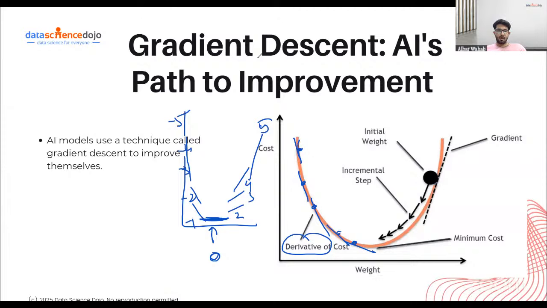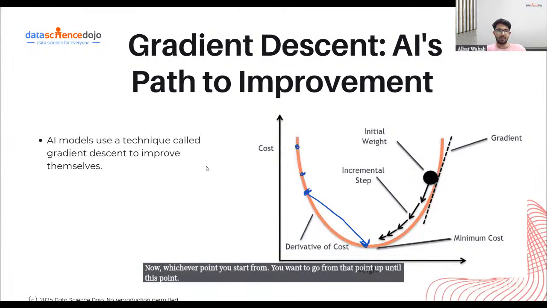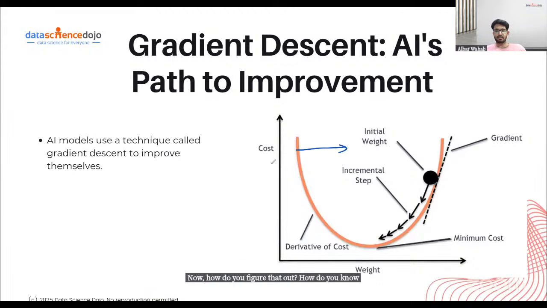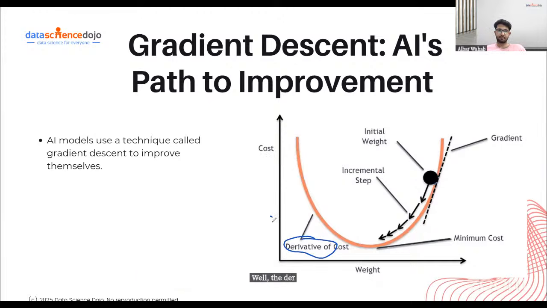Now, whichever point you start from, you want to go from that point up until this point. Now, how do you figure that out? How do you know, should I go towards this side or should I go towards this side? Well, the derivative helps you achieve that process. We just talked about how we calculate those derivatives of these lines, right?